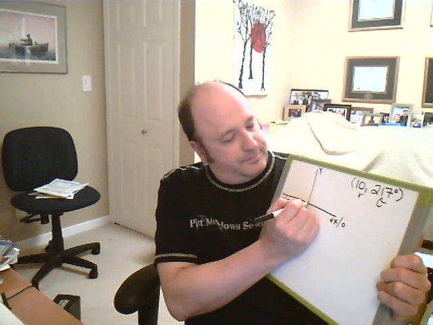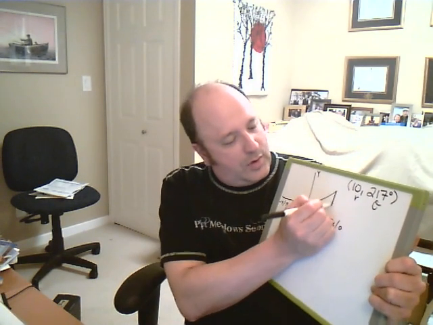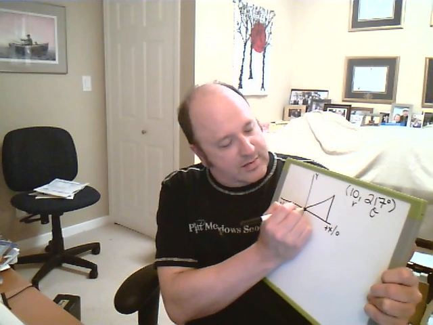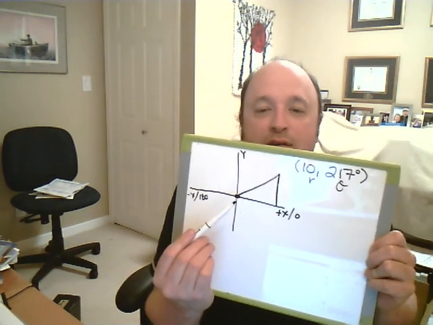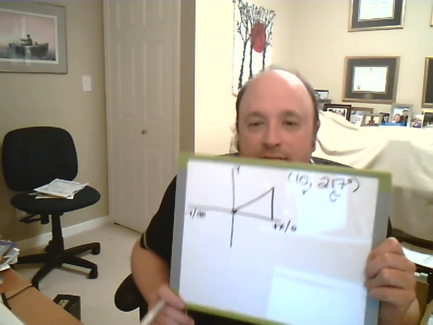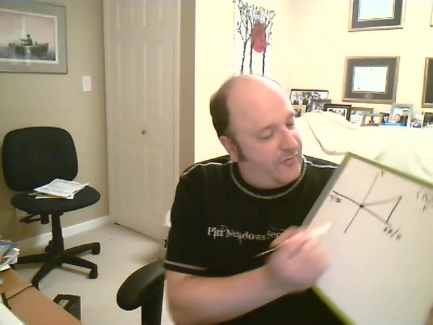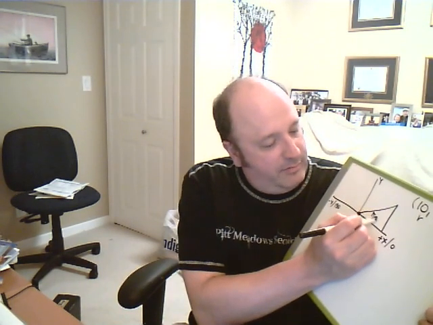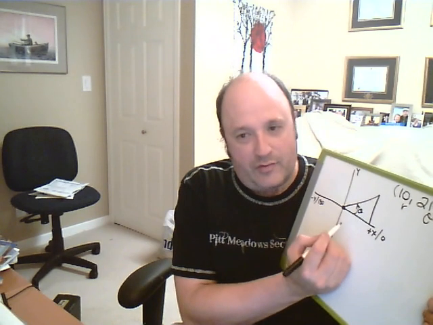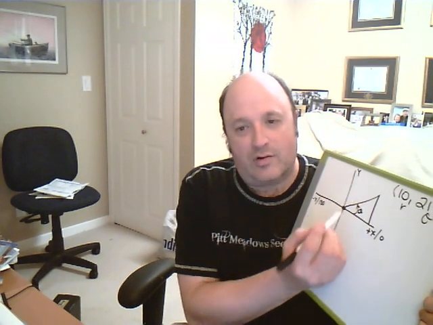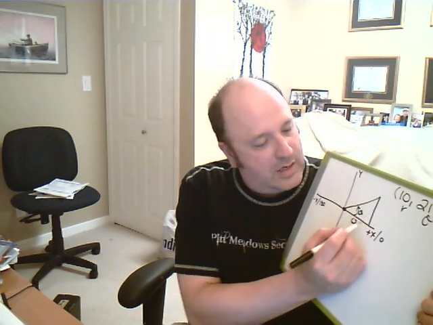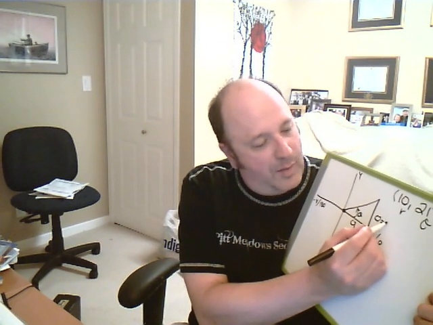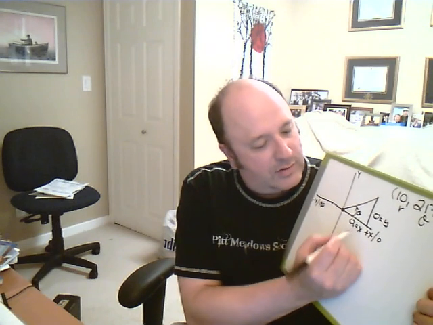But in the polar coordinate system, we fix one of the vertexes of the triangle to the origin. And what that does is it fixes our theta. Our theta happens to be the angle from the positive x-axis going counterclockwise. And then our opposite is equal to y and our adjacent is equal to x.